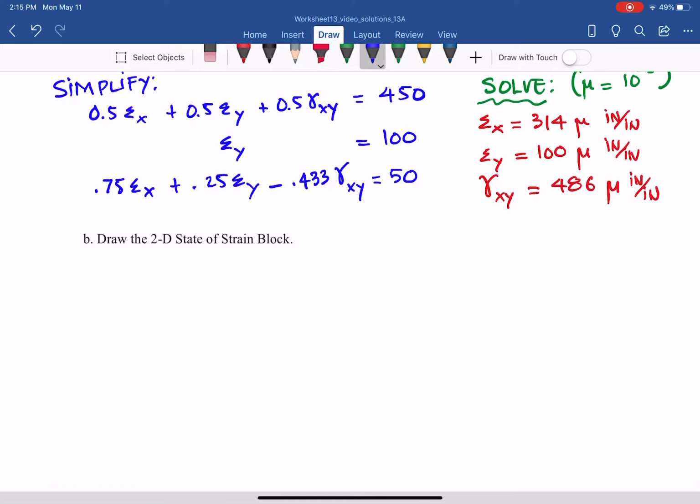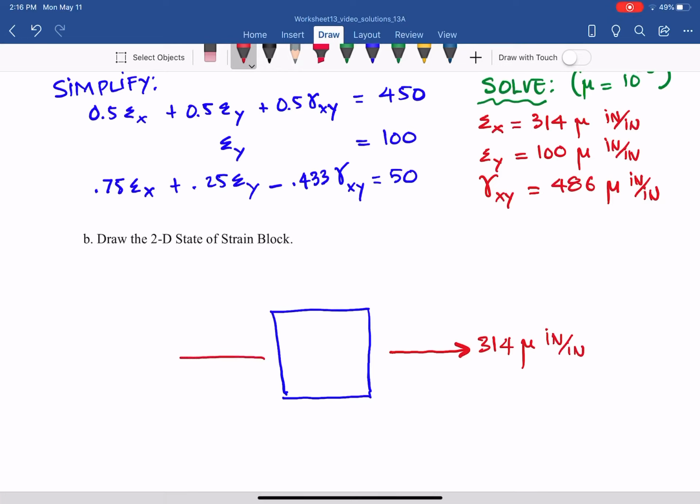This is 314 micro inch over inch, and the other side will have the same number. And epsilon y is 100 and also positive, so it goes out of the plane, 100 micro inch over inch. The opposite will be the same.